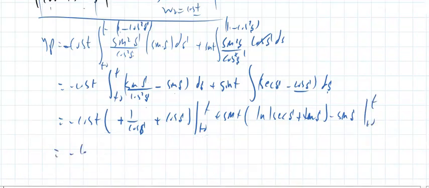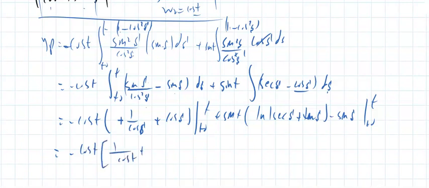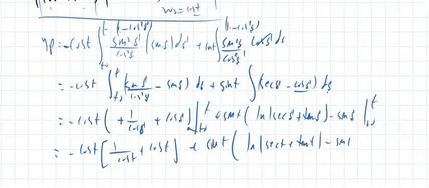So this is going to be negative the cosine of t times 1 over cosine of t plus cosine of t. We're going to ignore plugging in the constant part, and we do that all the time. Secant of t plus tan of t minus sine of t. Let me just think. Yeah, let's multiply by all of it.